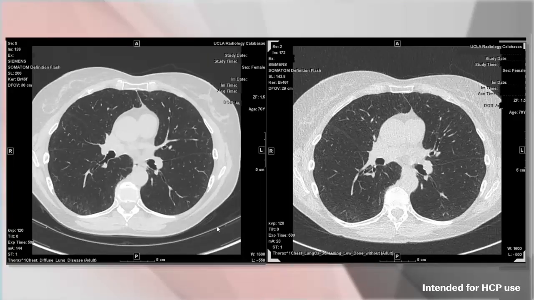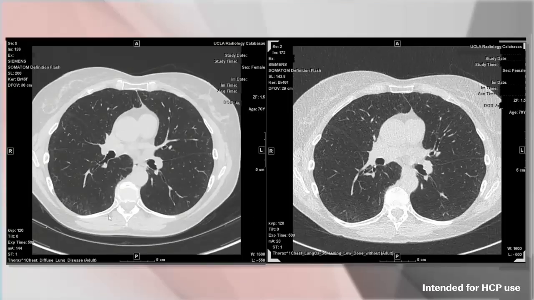noticeably higher. Now, what I'm going to point out is this one area, and hopefully you can appreciate the difference. If we look within the right lower lobe in the posterior part, we can see that on the extremely low dose screening CT, there are some reticulations here. By that, I mean some linear markings or lines at the edge of the periphery. These are blood vessels, but you see some lines here, perhaps, right?